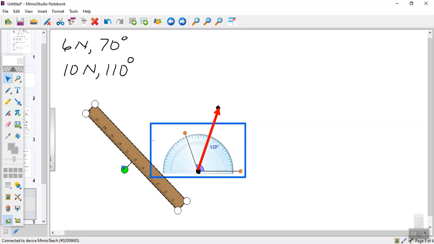I think you outsmarted me. It's going to end right here. Yep, seems about right. Okay, so let me draw that vector.